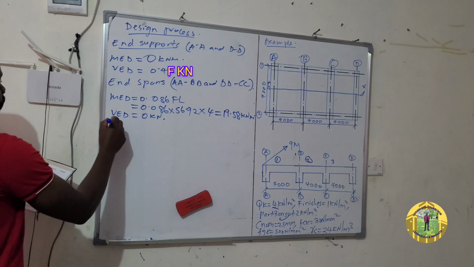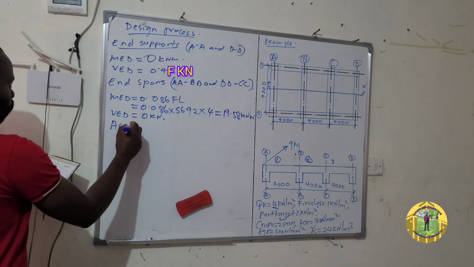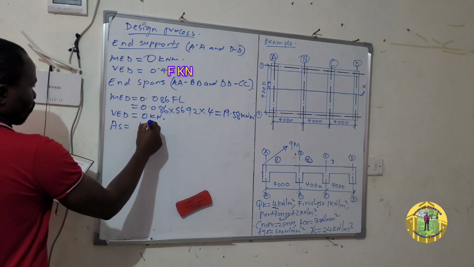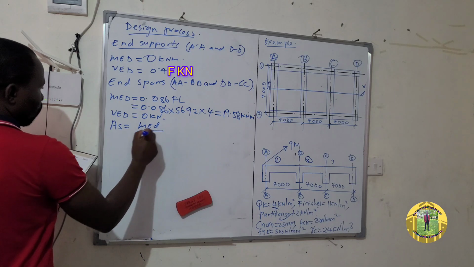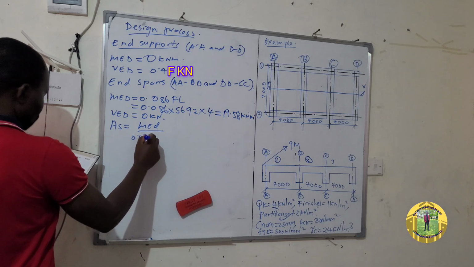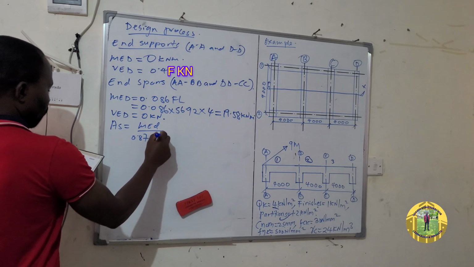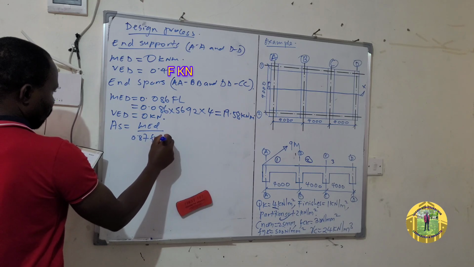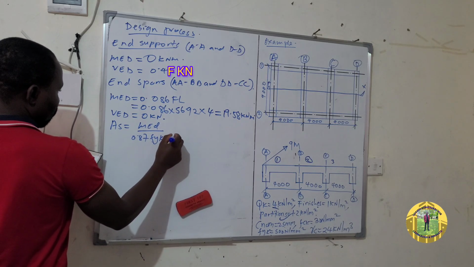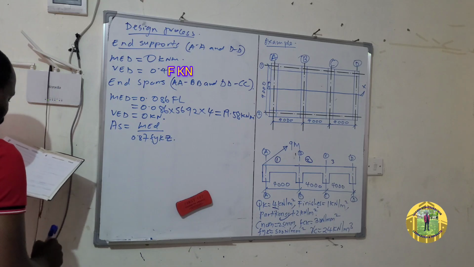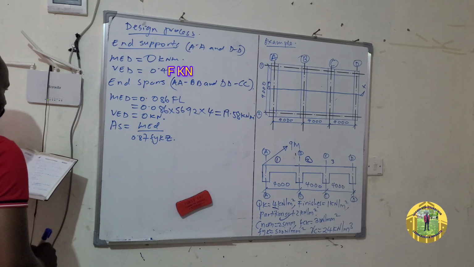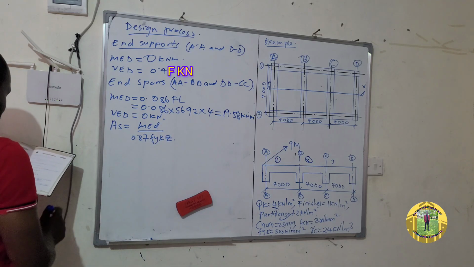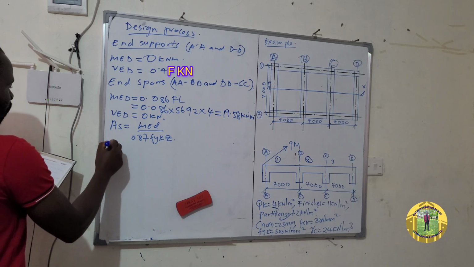Therefore, area of steel is equal to MAD all over 0.87 FYK Z. So before we come to this formula, let's first calculate this.